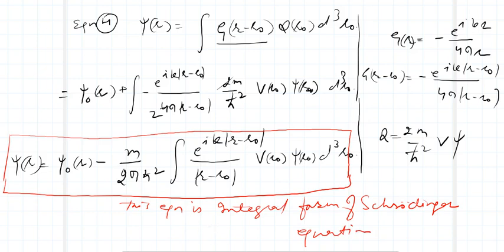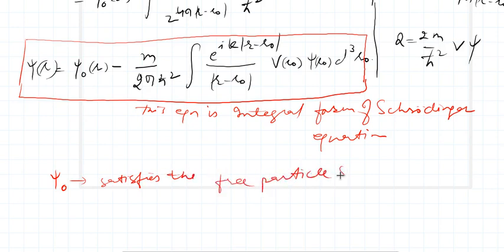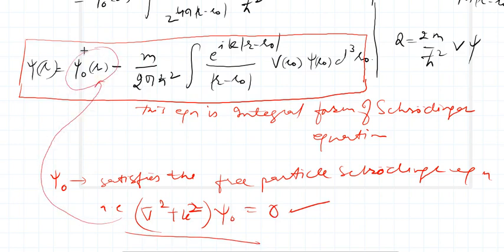And here psi naught satisfies the free particle Schrodinger equation, that is, del square plus k square acting on psi naught must be equal to 0. So the solution of this equation will give the value of this part, right? So this is the integral form of the Schrodinger wave equation. So that's all for this lecture.